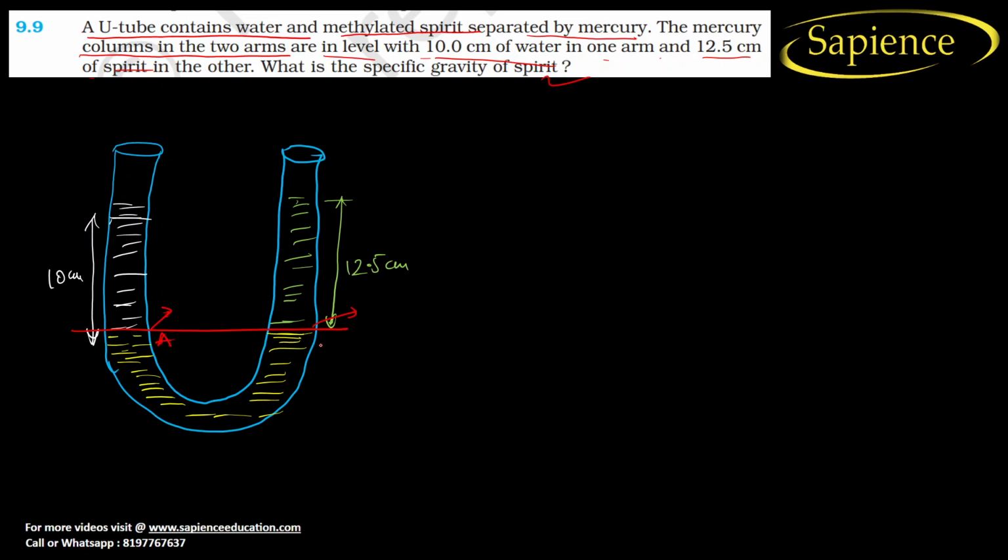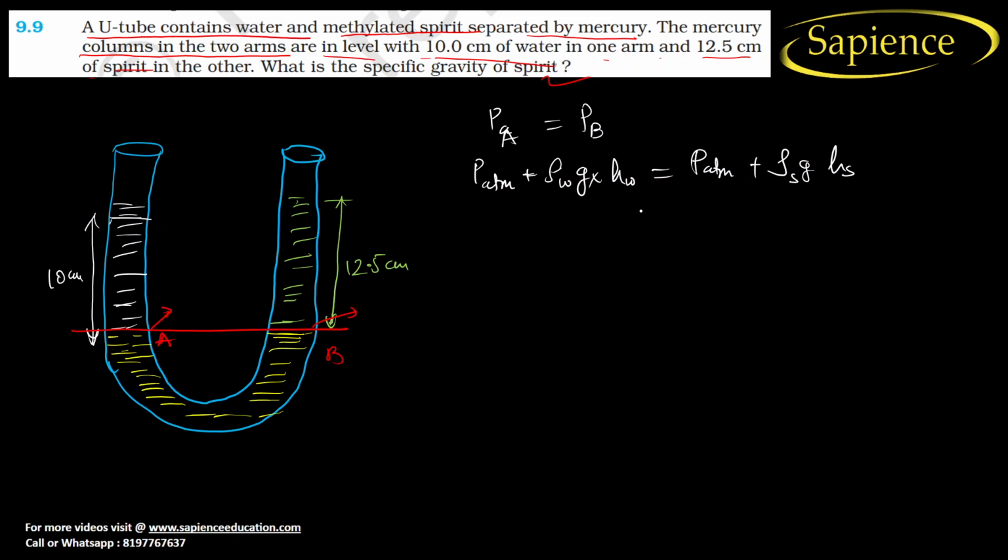So let us consider the pressure at A and B. Pressure at A will be equal to pressure at B. Now pressure at A is equal to atmospheric pressure plus rho, that is density of the water, into g into height of the liquid column. This is equal to atmospheric pressure plus density of the spirit into g into height of the spirit.